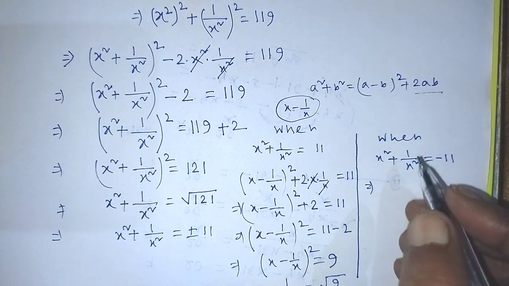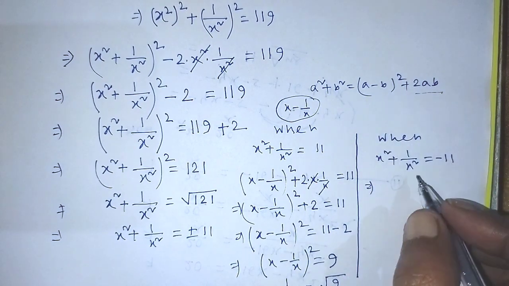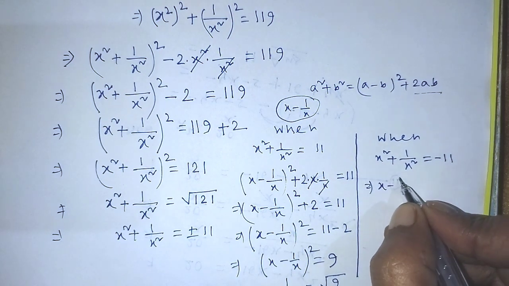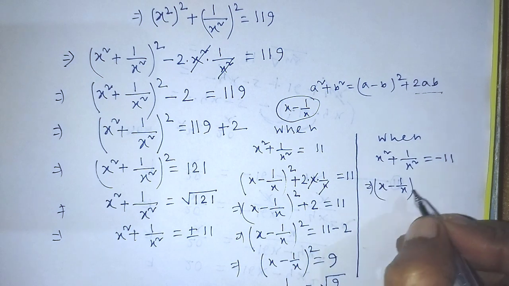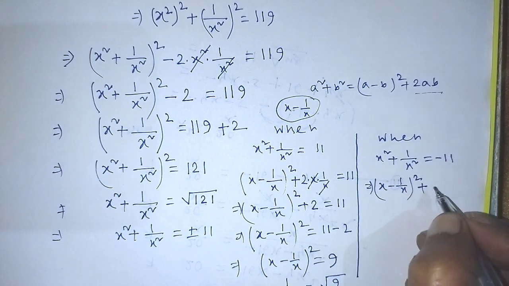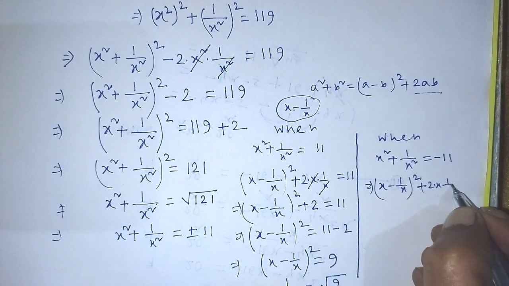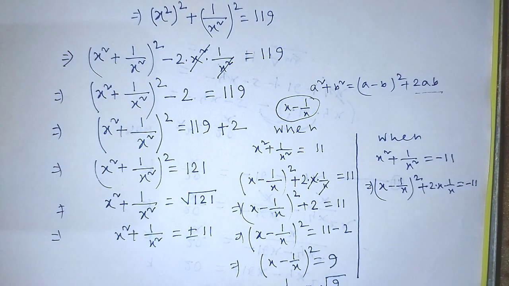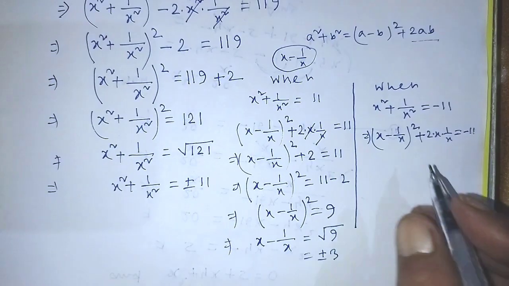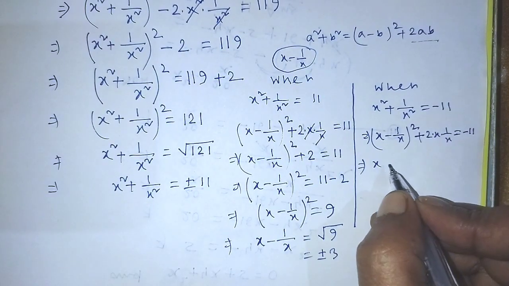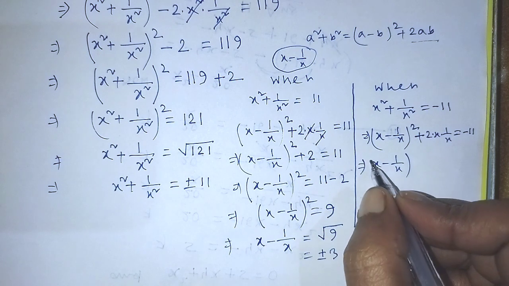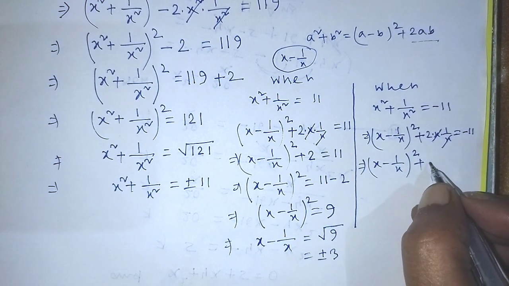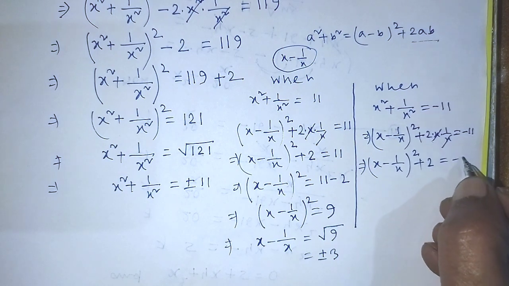So now according to this formula you can write x minus 1 over x whole to the power 2 plus 2 into x into 1 over x is equal to, again we have to write minus 11 on the right hand side. Okay. So now we can write x minus 1 over x whole to the power 2 plus, x cancels, so we have to write 2 is equal to minus 11.